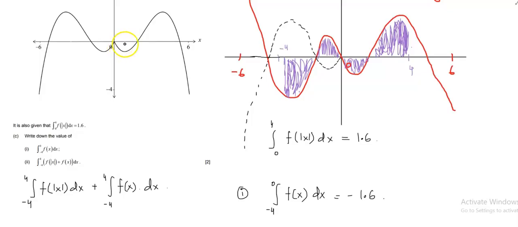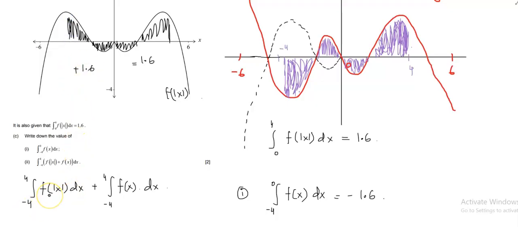So if I look at the f modulus of x function, which is given up here, right? This region, the one that I'm shading up here, is the area under the curve, and that is given as 1.6, right? Similarly, if I look at the left half, which is this, this is also 1.6, right?